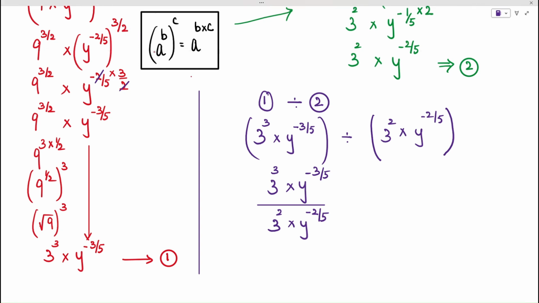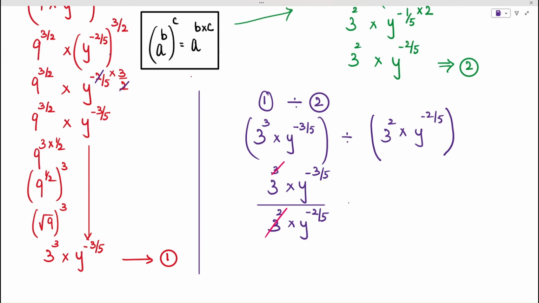So we have 3 cubed over 3 squared. Both of these are separated from the value of y by multiplication. This allows us to cancel these values out. If it was addition or subtraction, we would not have been able to do this. So 3 cubed divided by 3 squared leaves us with 3. That's in our numerator.